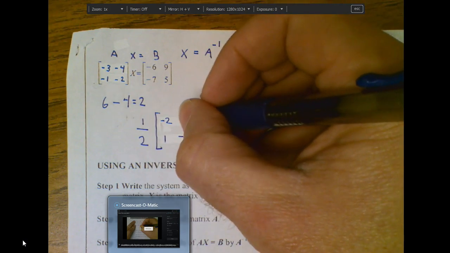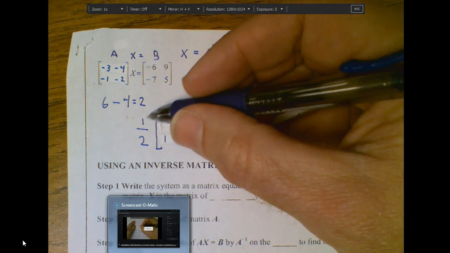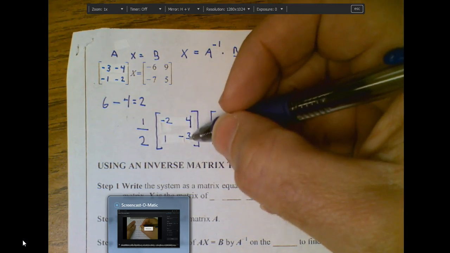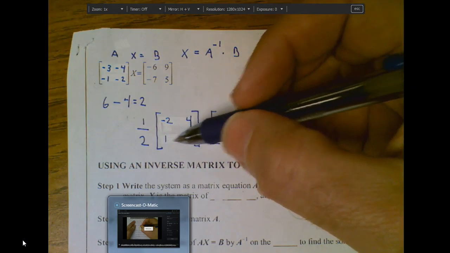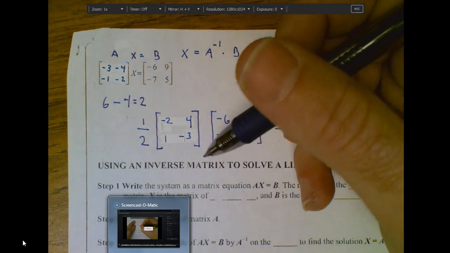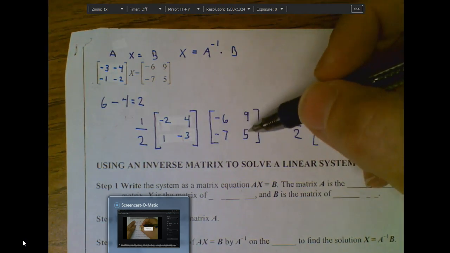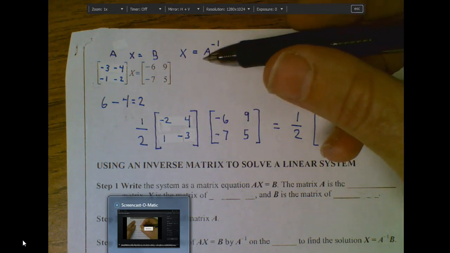So +1, +4. If I distribute the 1/2, do notice that for a couple of these, it's going to create a fraction. We're trying to avoid working with fractions because I still have to multiply this inverse times matrix B in order to get my solution for x.